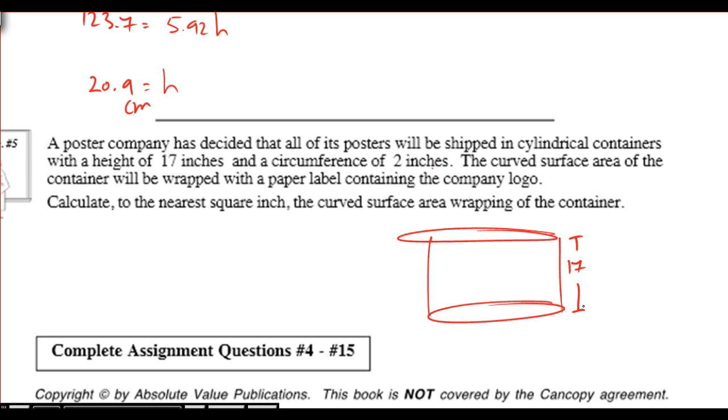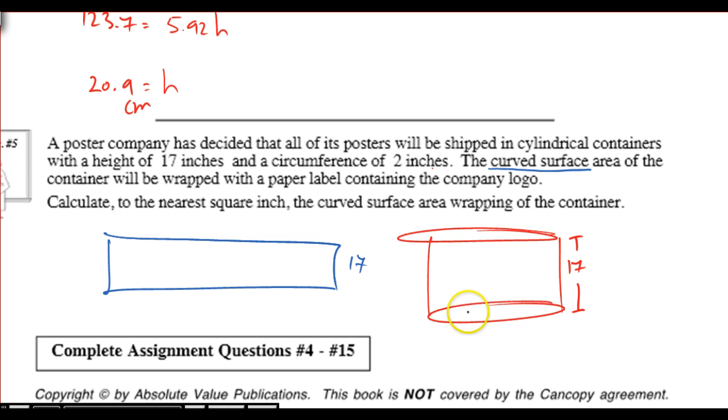Okay, so the curved surface area of the container. We're looking for the surface area of the wrapping of the container. It looks like just the curved surface will be wrapped. So all I need really is the area of that rectangle, which once unwrapped is going to be 17 here, and then the circumference is going to be 2 inches.